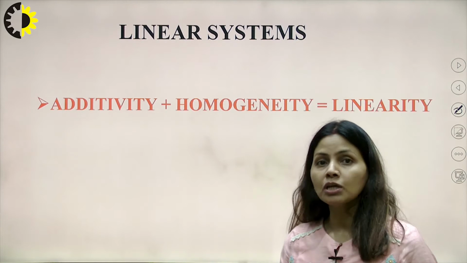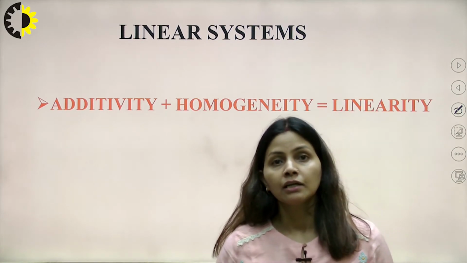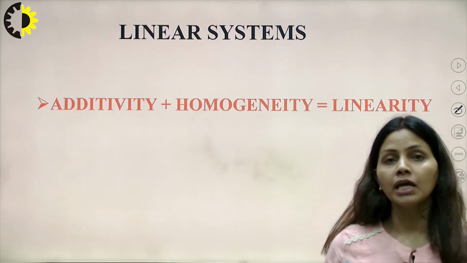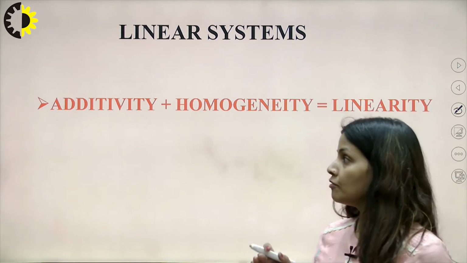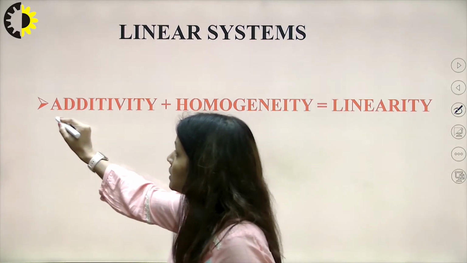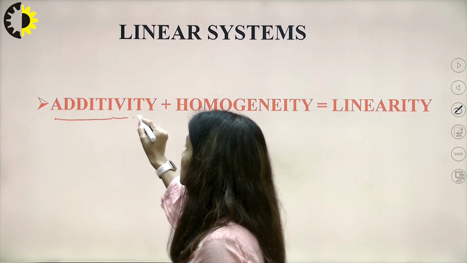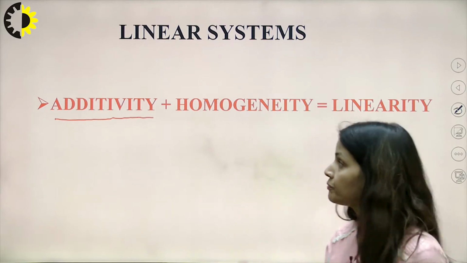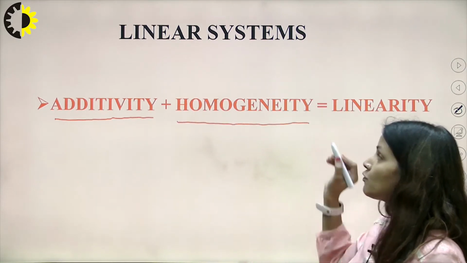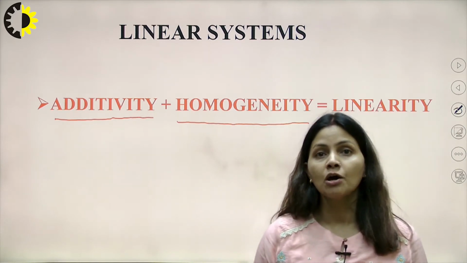So, coming to the property of linearity. The property of linearity holds for any system only and only when the system follows the additivity property as well as the homogeneity property.